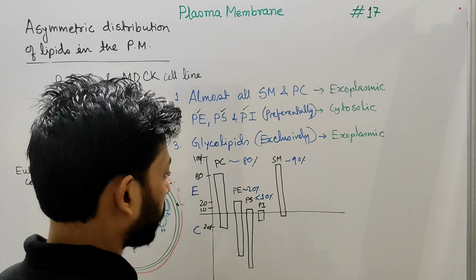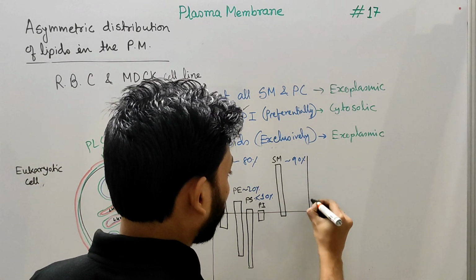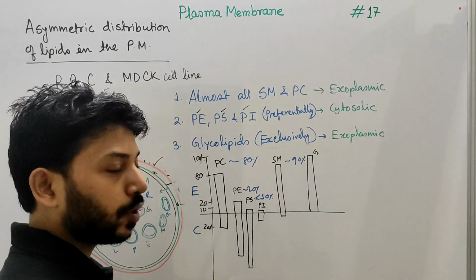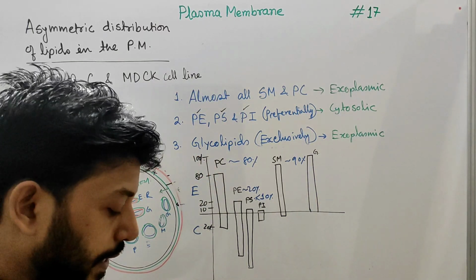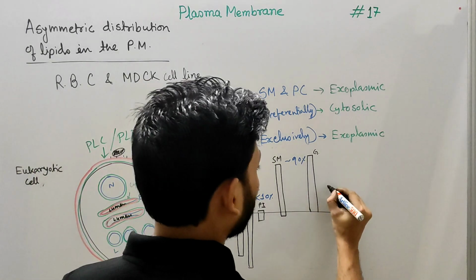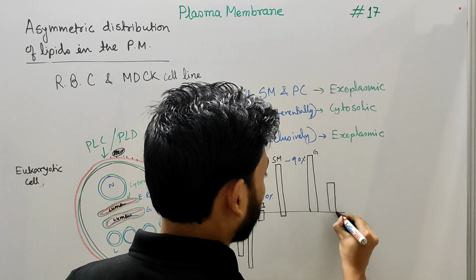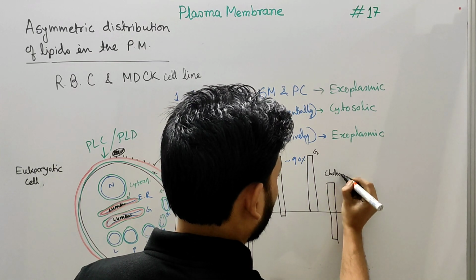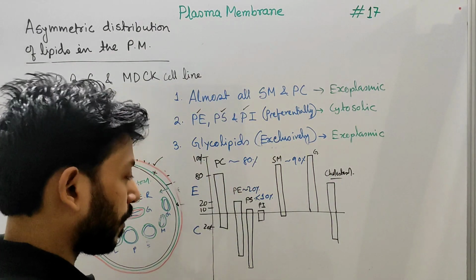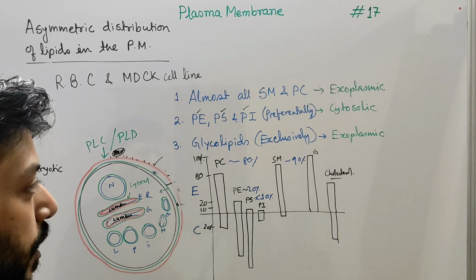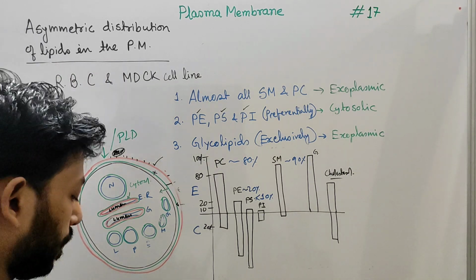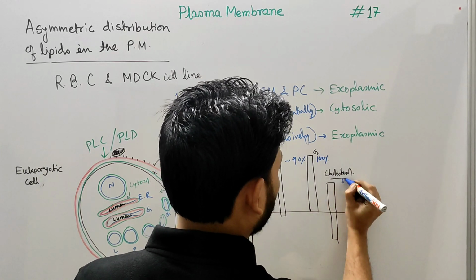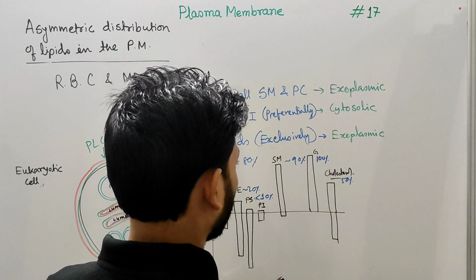In case of glycolipids, that means cerebrosides or gangliosides, 100% are present in the outer layer. But in case of cholesterol, they found that this is 50-50. That means 50% present outside, 50% present inside. So from this experiment, they found that there is asymmetric distribution of the lipid molecules.